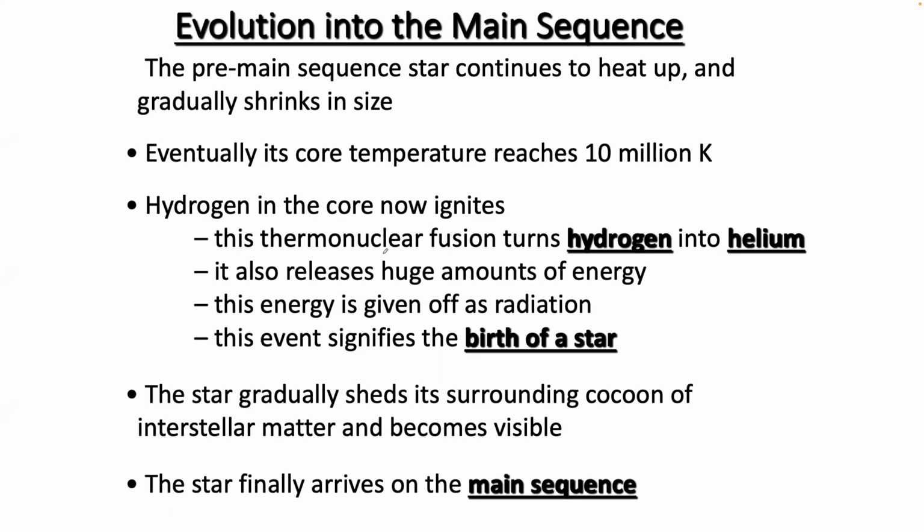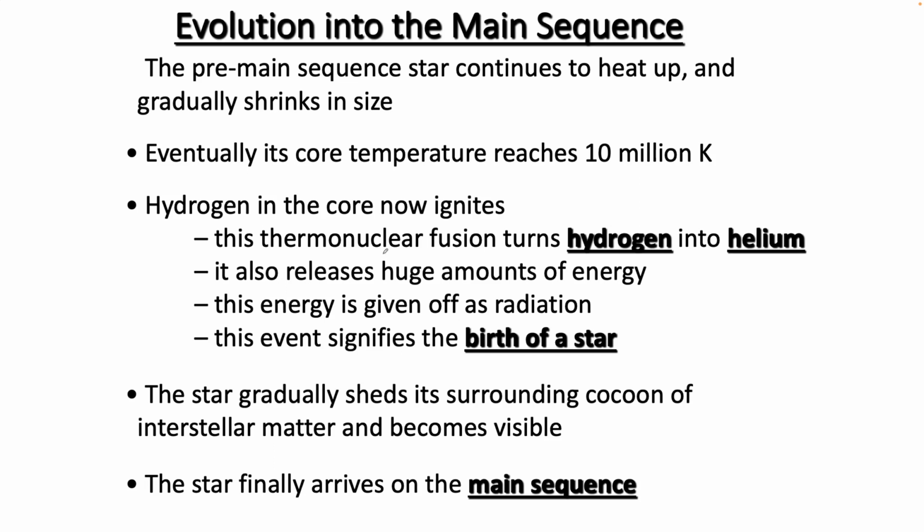So that is basically due to the fact that the materials in the pre-main sequence star have a certain mass, so they are still attracted gravitationally towards the central region, right?